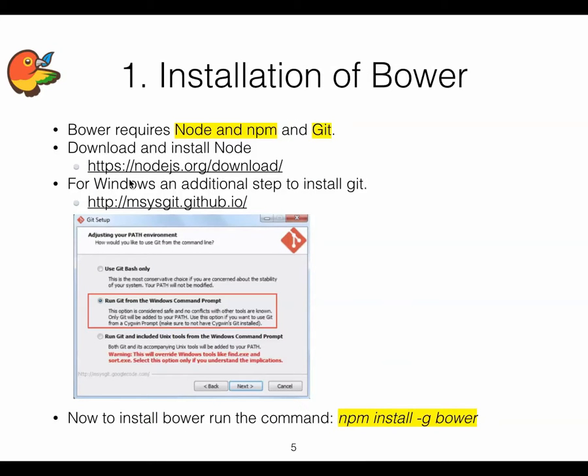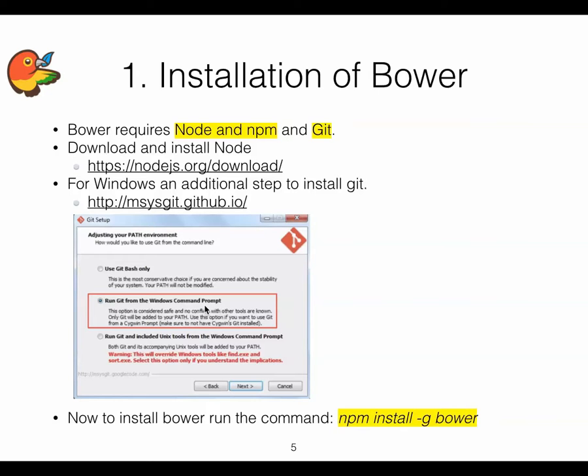Now, for Windows, there will be an additional setup. While installing Git for Windows, we need to make sure that we have checked this option to run Git from Windows command prompt.